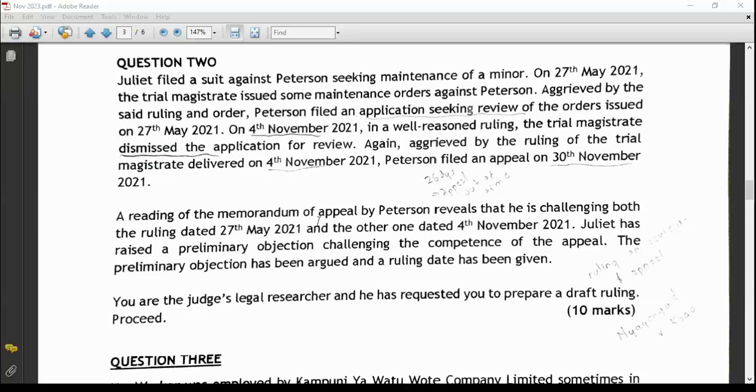So many questions have been asked on how to draft a ruling or a judgment. A judgment looks the same way as a ruling.